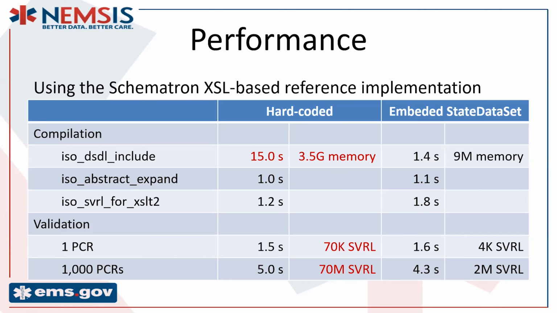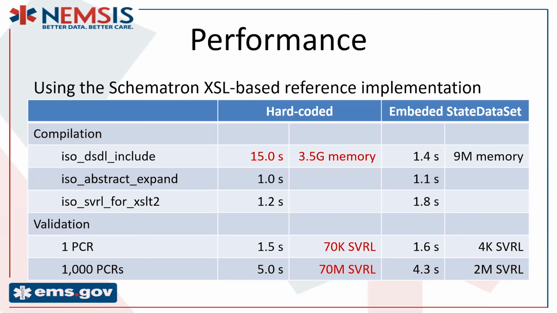When doing Schematron validation, the output of the validation process is something called Schematron Validation Report Language, SVRL. It's an XML file in a certain format that communicates which assertions failed or which reports passed. In other words, it communicates all the errors and warnings that were found while validating a file.